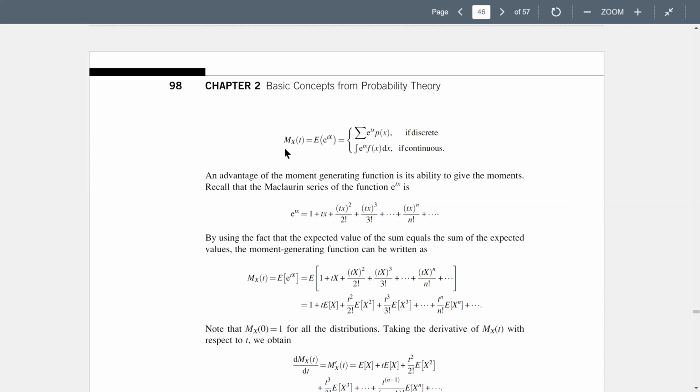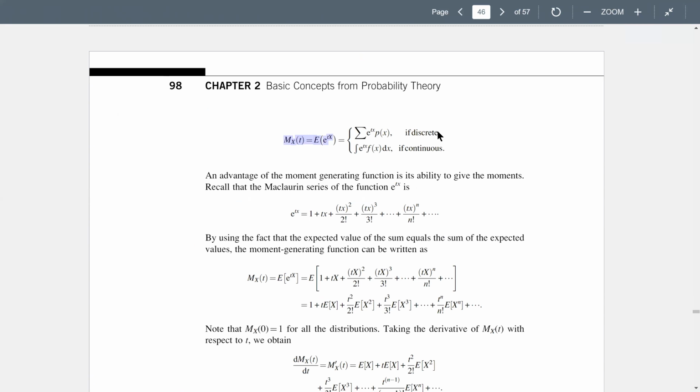But to find its moment generating function is to find the expected value of e to the power of t times x of that random variable. You raise e to the power of t multiplied by x. Okay, so this is what we call moment generating function.